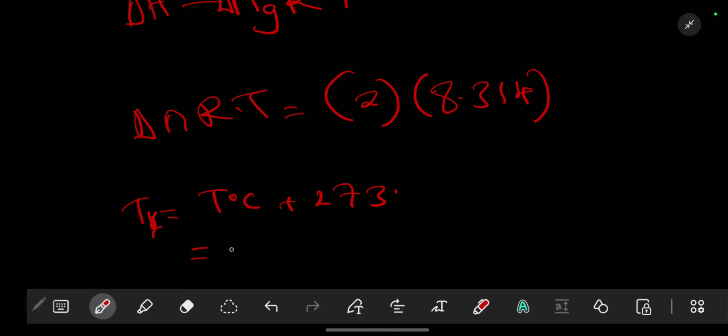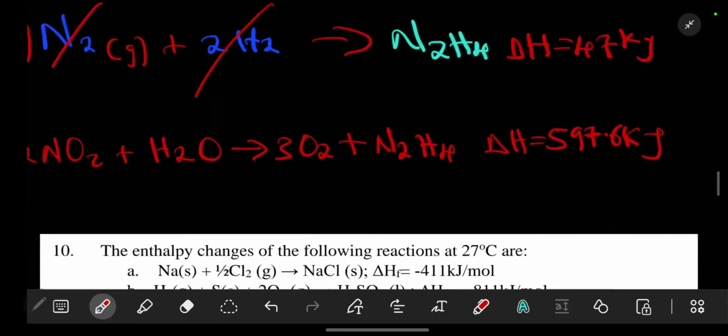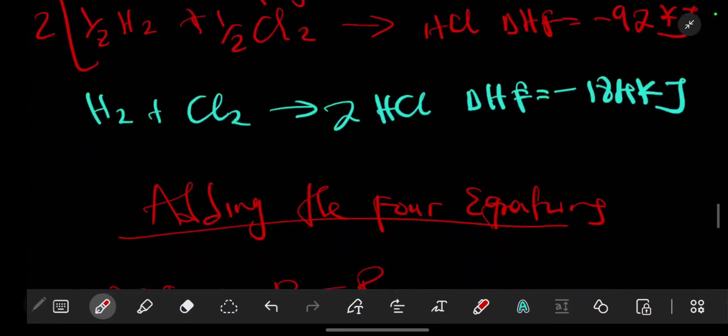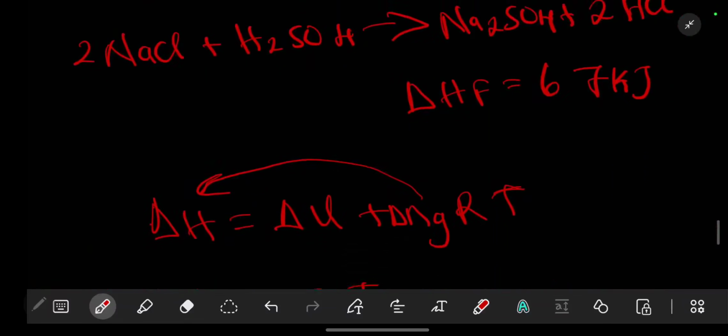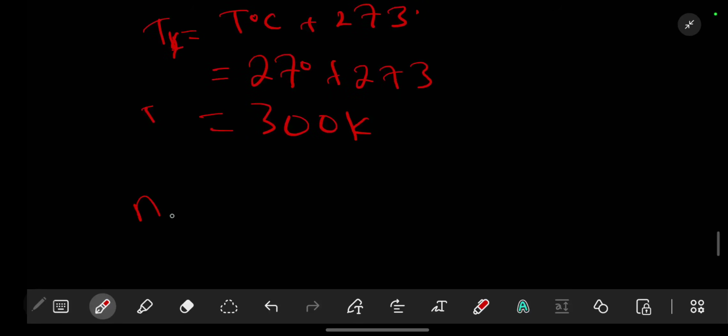The temperature we are provided with from the question is 27 degrees Celsius. So we add 27 plus 273. This gives us 300 kelvins.